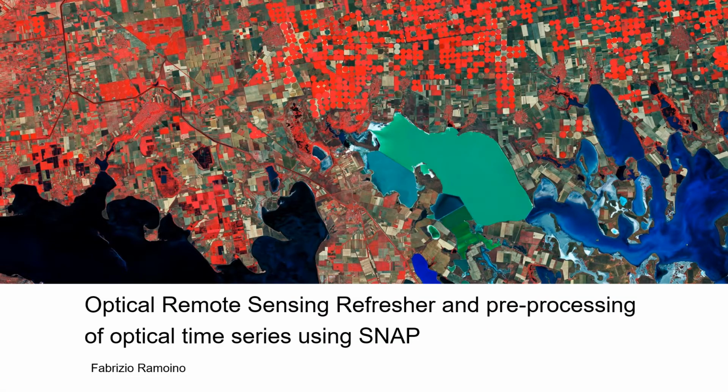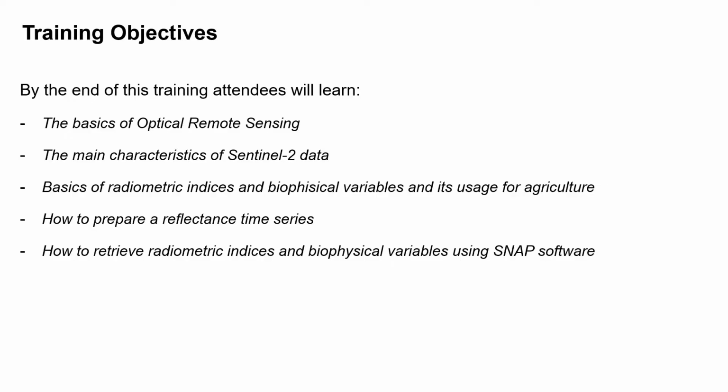Welcome everybody, my name is Fabrizio Ramoino. I work in ESA-ESRIN since 2011 as optical and thermal data exploitation expert. And I would like to present you a short refresher of optical remote sensing data and how to process Sentinel-2 data using ESA SNAP software in order to retrieve biophysical variables and radiometric indices for agriculture. The objective of this training is to provide you, or rather refresh the basics of optical remote sensing, explain what are the main characteristics of Sentinel-2 data.